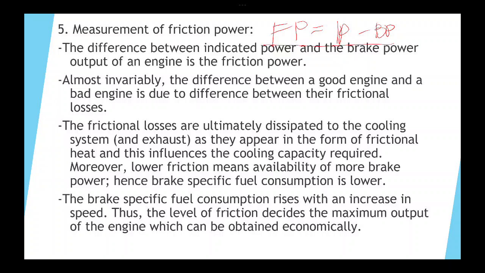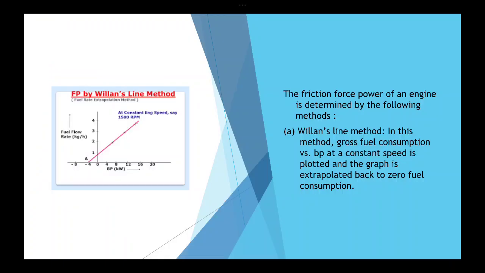Now let me have the four ways to measure or determine friction power. First is by Willans line. For the Willans line method, you do a graph with your gross fuel consumption and the brake power at constant speed.